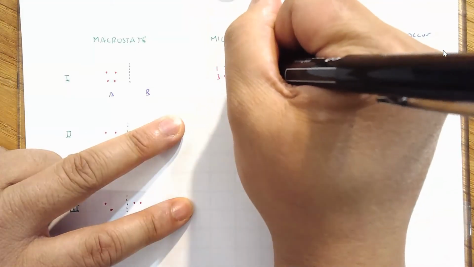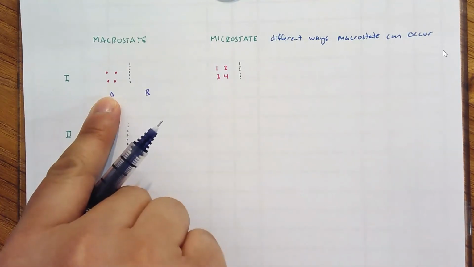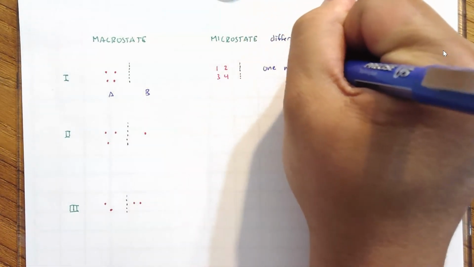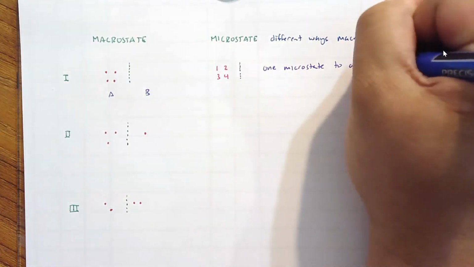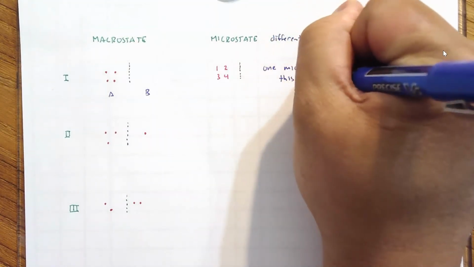What matters is they're all on the left side. What this means is there's only one way to have this macrostate. This is the microstate. There's only one microstate to achieve this macrostate.